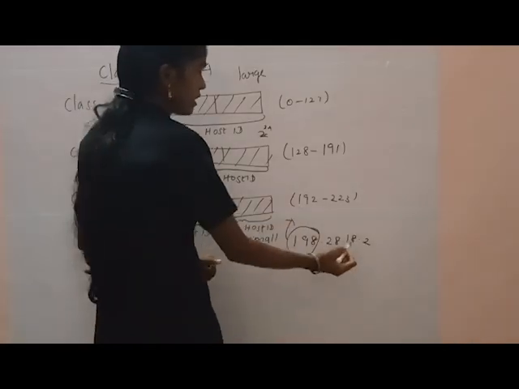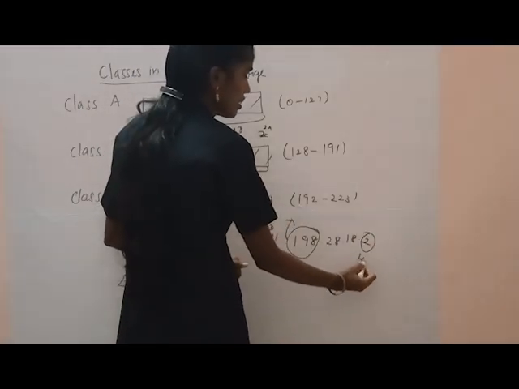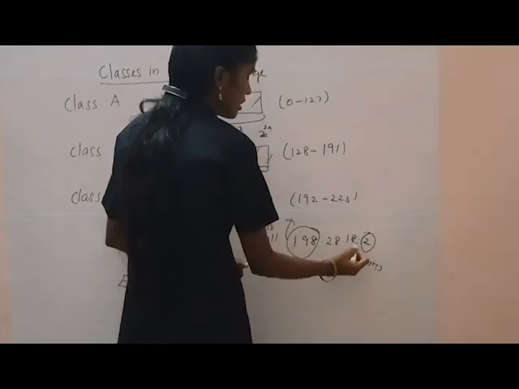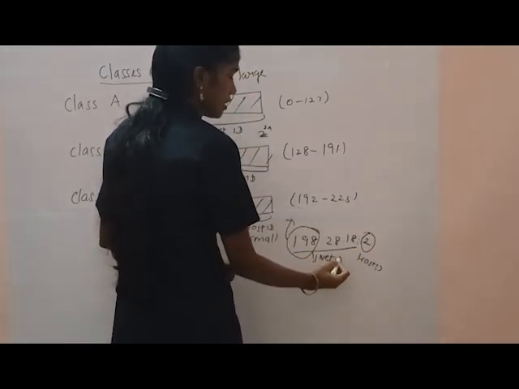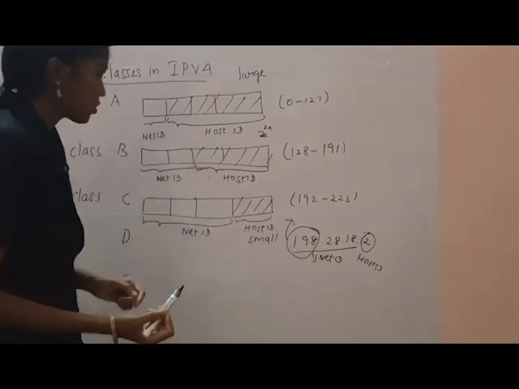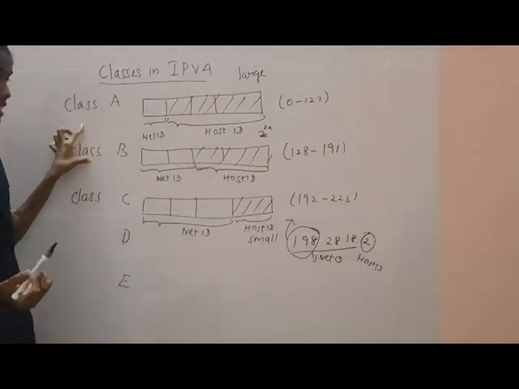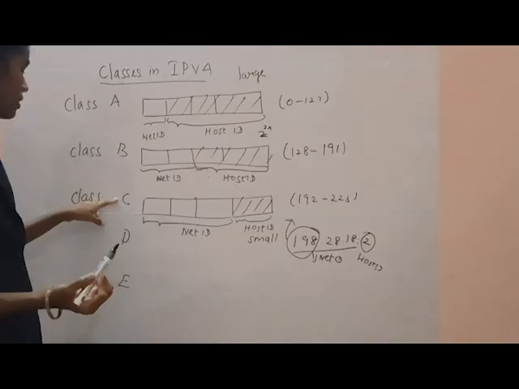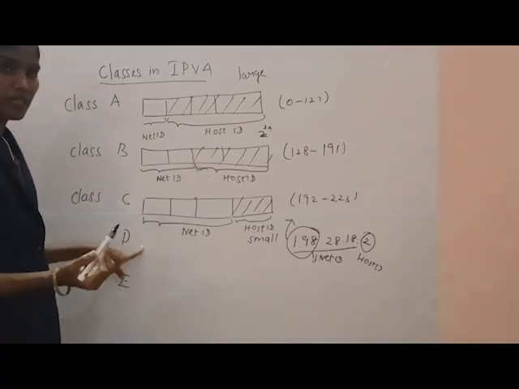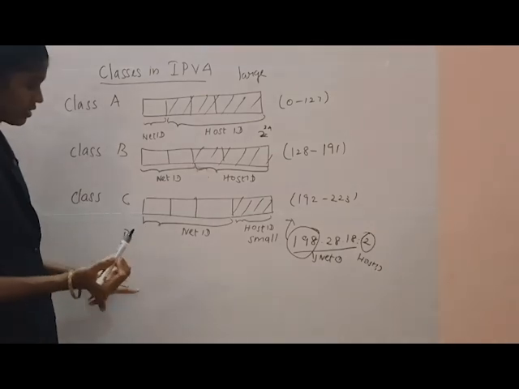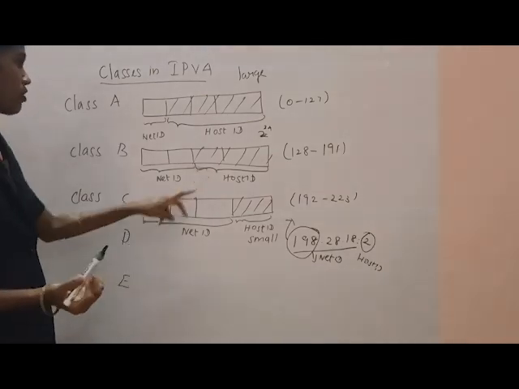That means this portion alone denotes the host ID. The rest of these portions will tell you the net ID. So this is how the classes are maintained: class A, class B, class C, class D and E. D and E we don't use much because D is for multicast routing, and E is reserved for the future.